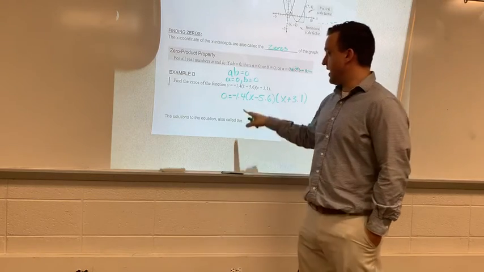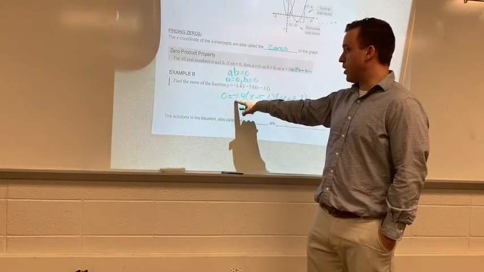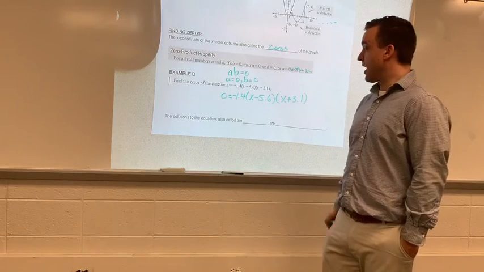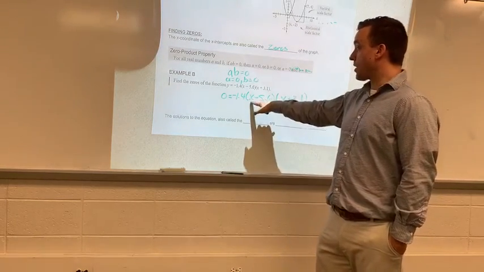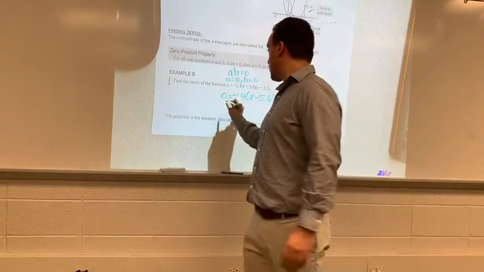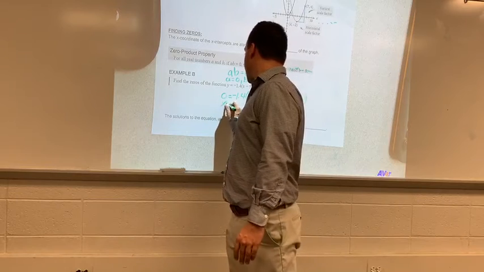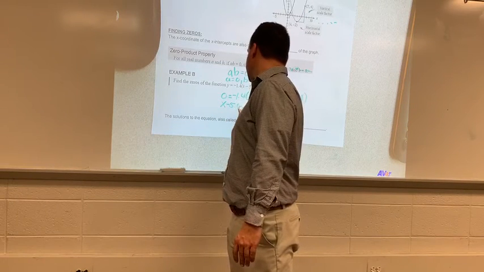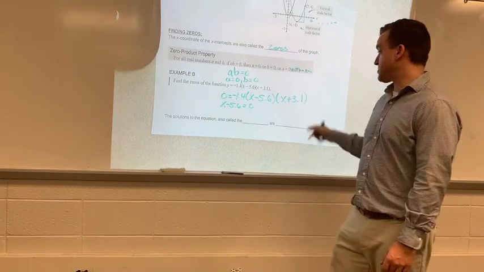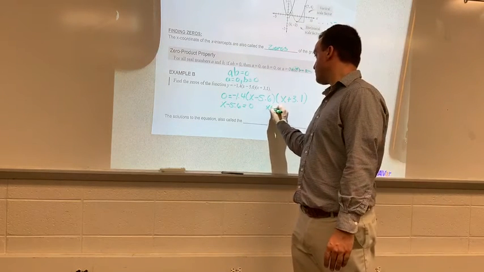Now in this multiplication, we can assume negative 1.4 equals 0 is a possibility. That doesn't make sense, so we're not going to examine that. Or we're going to look at x minus 5.6. That could equal 0. So we have that equation, x minus 5.6 equals 0. Or we could have x plus 3.1 equals 0.